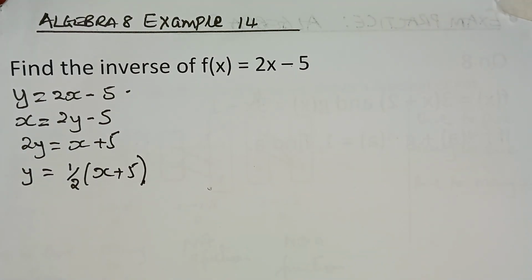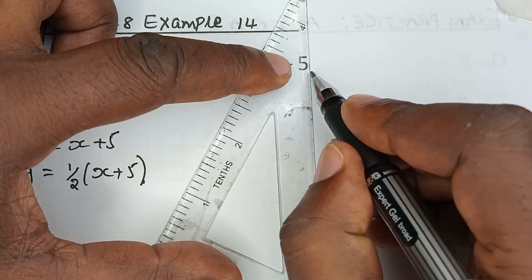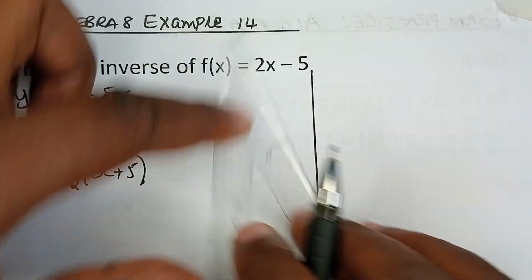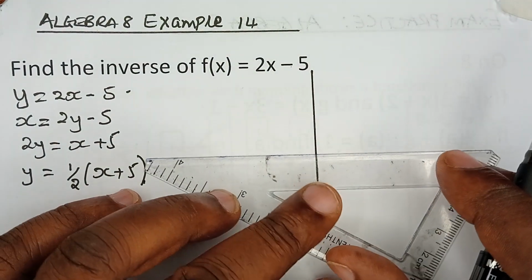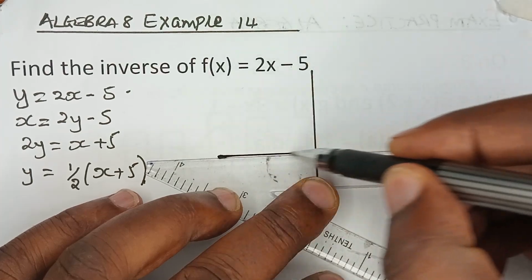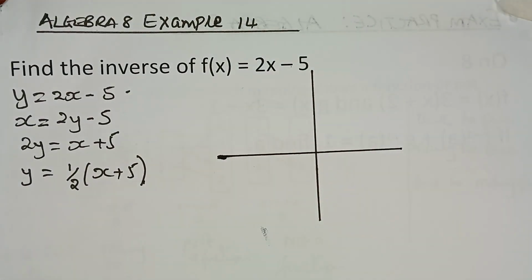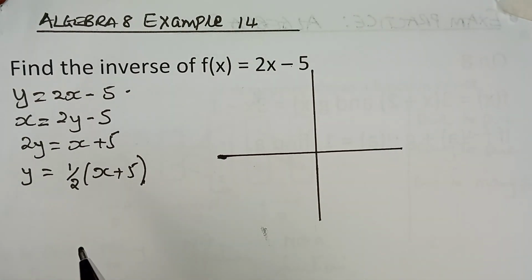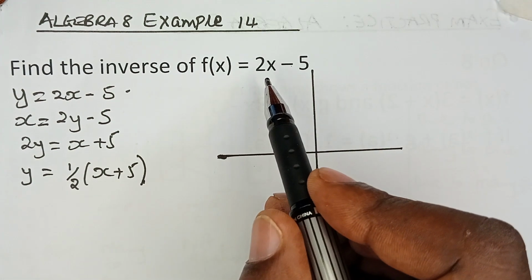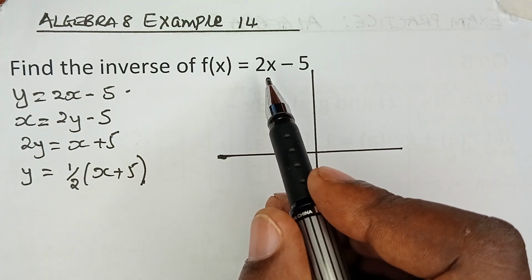Now, let us try to establish whether the two graphs reflect along the line y is equals to x. And we have something like the xy Cartesian plane here. Let us see what happens. First of all, the graph of y is equals to 2x minus 5.